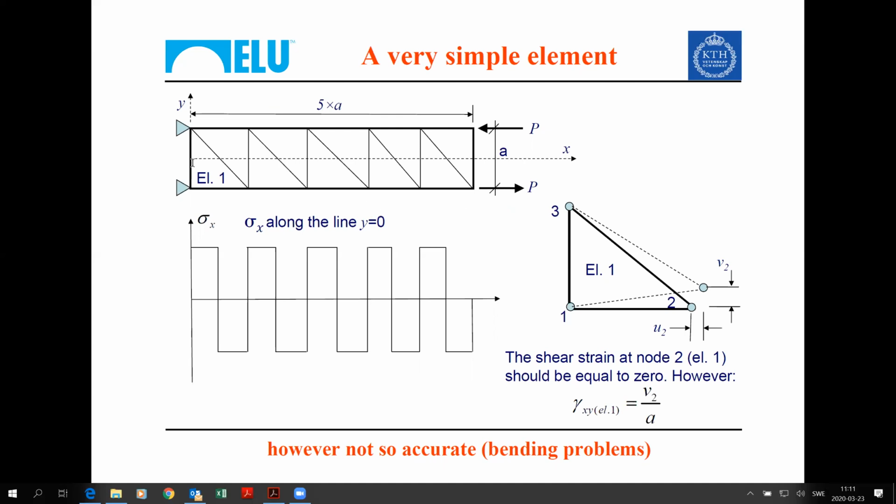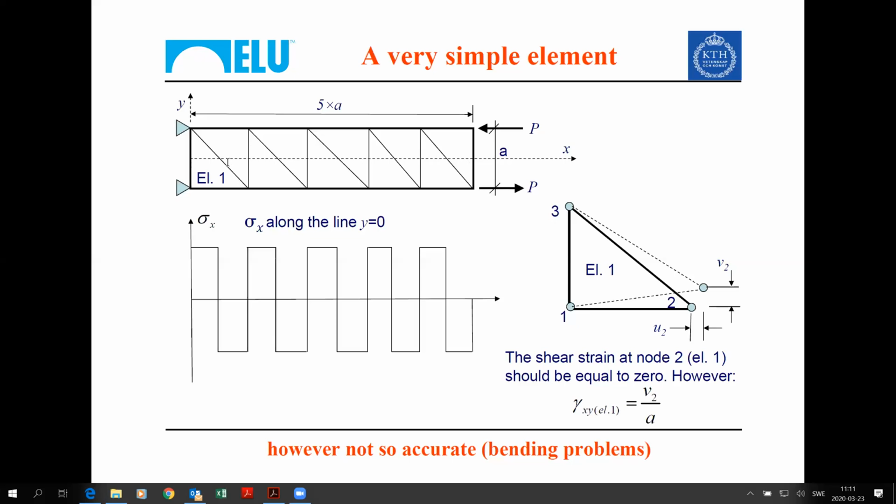If we look at sigma x along this line, what we will have from our finite element solution is this: plus, minus, plus, minus, and so on. It should be 0.